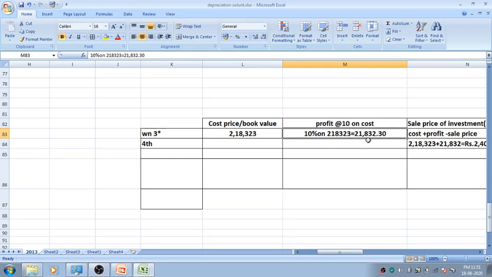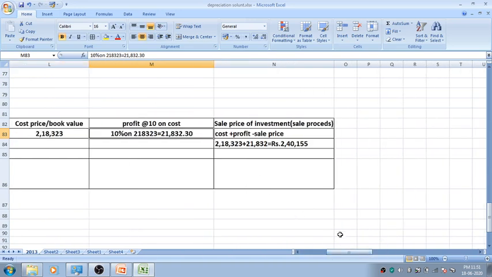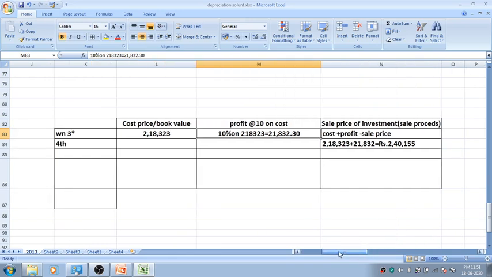So 21,832. I have rounded it up. Then I added cost with the profit. When you add cost with the profit, you get cost plus profit is equal to sale price. Okay. Now sale price is how much? What is the sale price now? 2,40,155. That is your sale price.